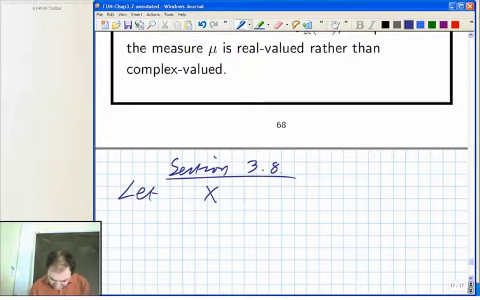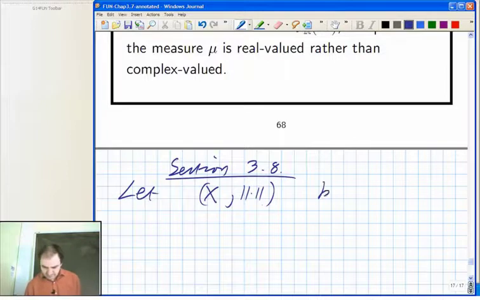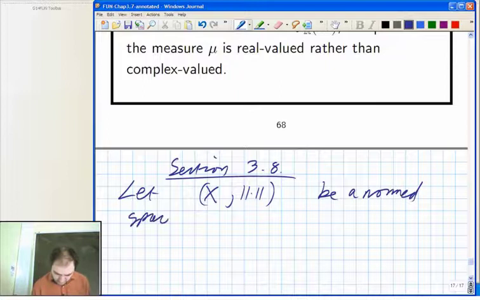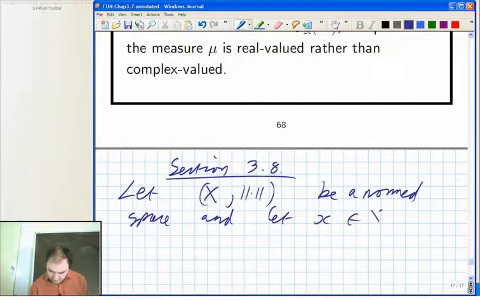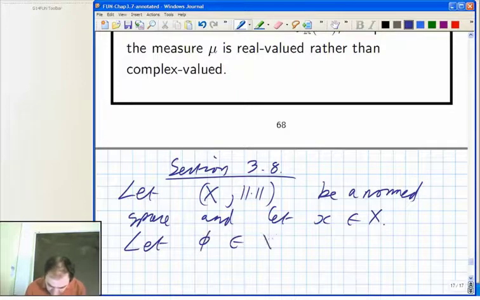Let X be a normed space, let little x be in X, and let phi be in X star.